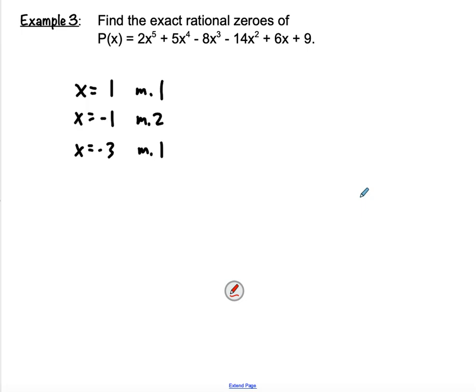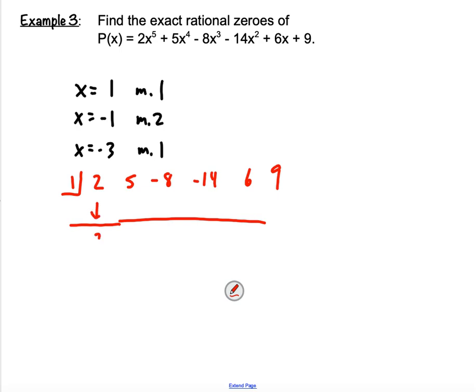So to get that one, again, I'm going to use synthetic division. Taking the constants of the polynomial, bringing my first number straight down, taking that number, multiplying by what's in the box, adding them together, multiplying by what's in the box, adding, and so on. We have to get a remainder of 0 if we've done this right.